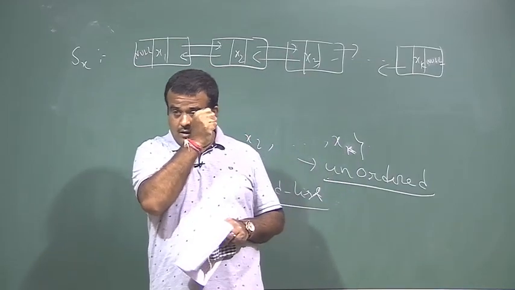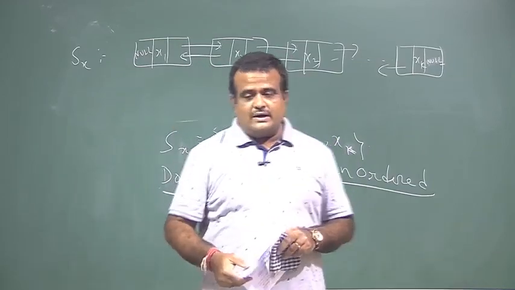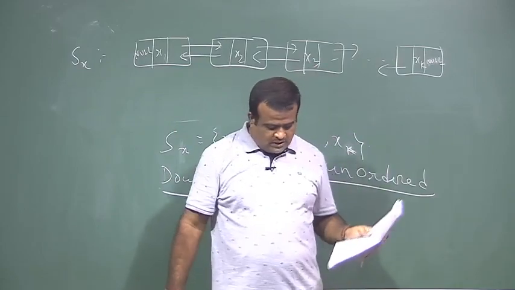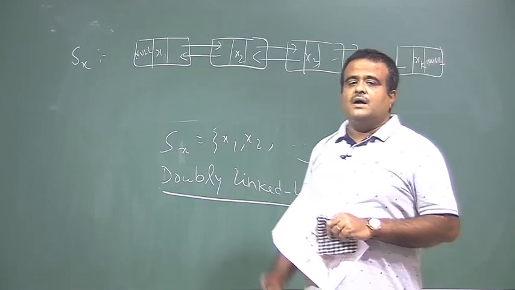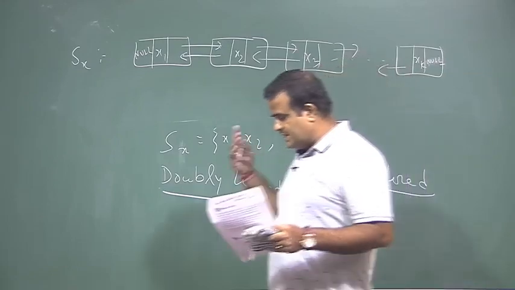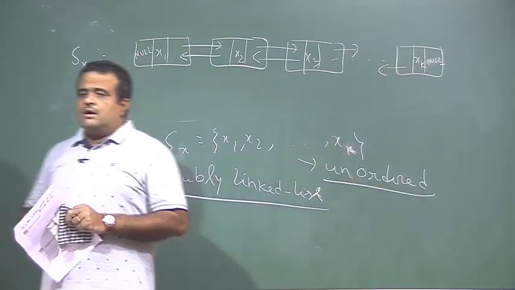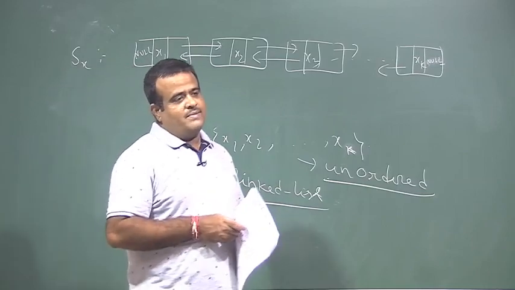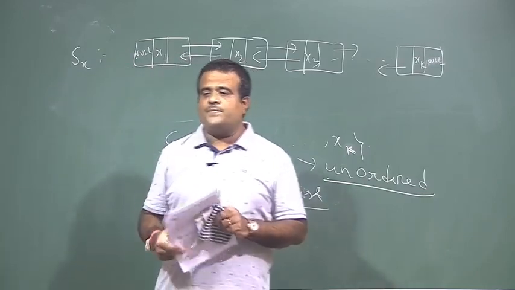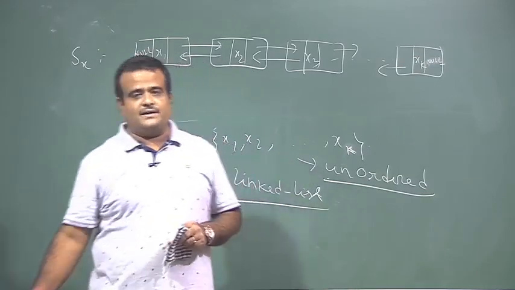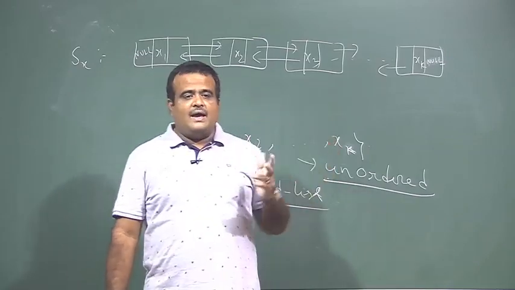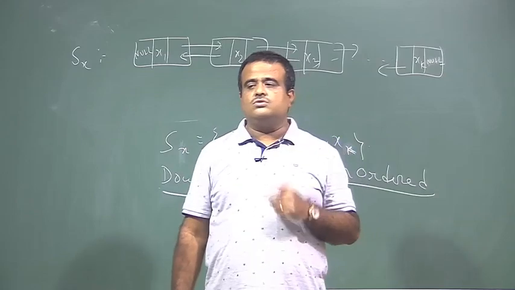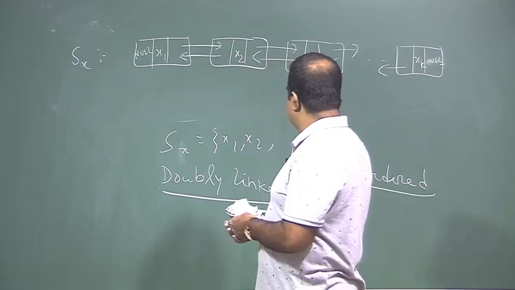So, this is the data structure we are going to propose, and we want to see how fast we can perform those operations like make set, that means how to create a set, find set, how much time the find operation takes, and then how to do the union. So, this is the proposal.